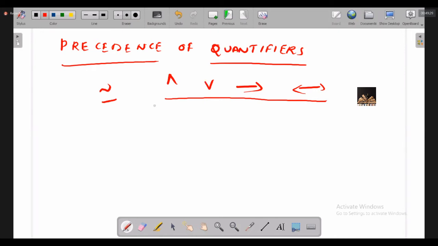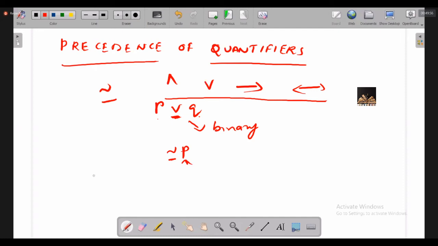For example, P or Q: the disjunction works with the two operands P and Q, so it is binary. Negation of P works with only one operand, P.